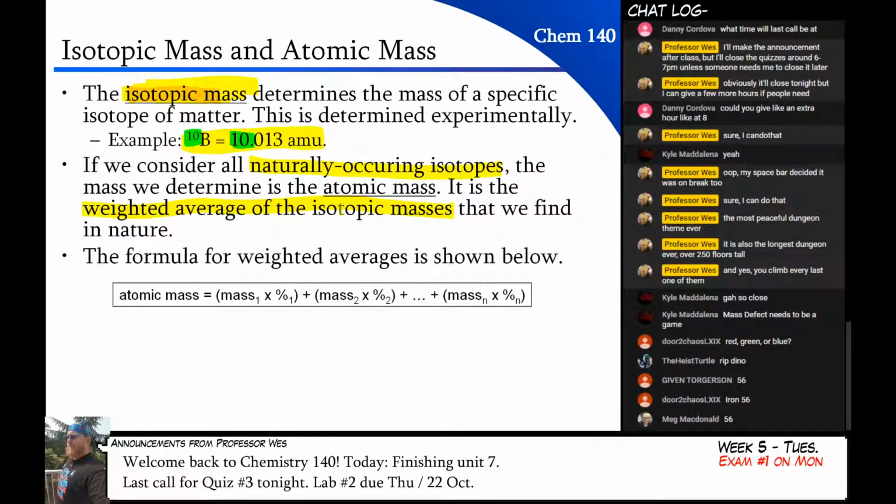In the spaces marked mass 1, mass 2, or whatever, these are isotopic masses. The percents that are shown here are the natural abundance.